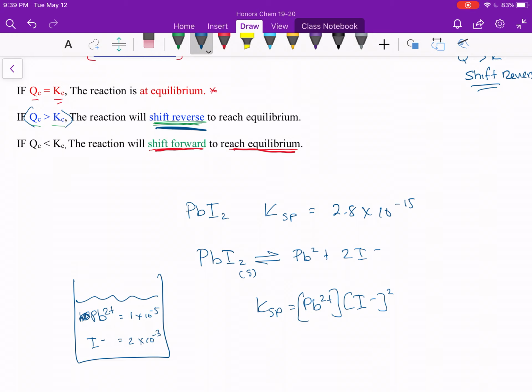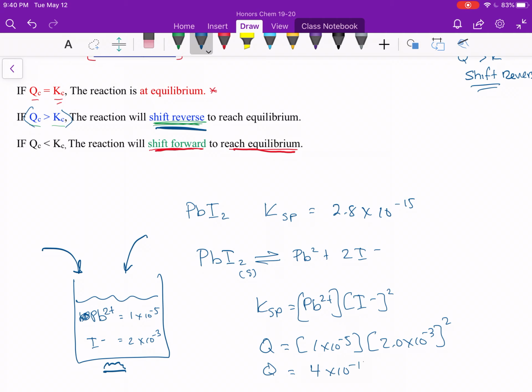And the question is, if I mix these particular ions together, will I see a precipitate? Will these two ions precipitate out? Well, what I can do is find Q. Q would equal 1 times 10 to the negative 5th times 2.0 times 10 to the negative 3rd, squared. So that Q is going to be equal to 4 times 10 to the negative 11th.